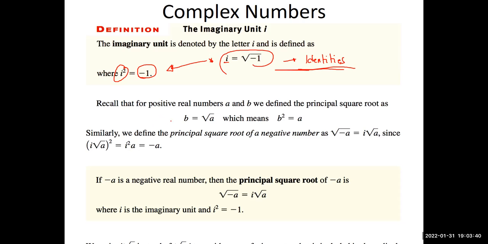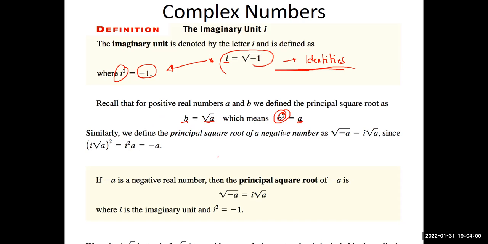Recall that for positive real numbers A and B, we define the principal square root as B equal to the square root of A, which means that B squared is equal to A. This is the inverse of the square root, which is squaring.